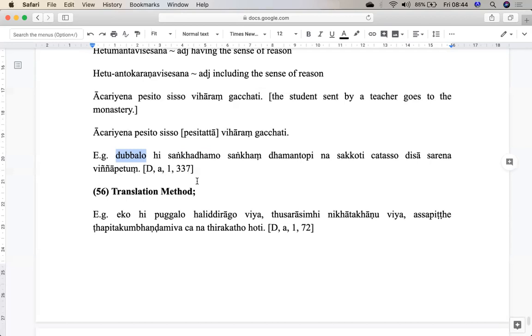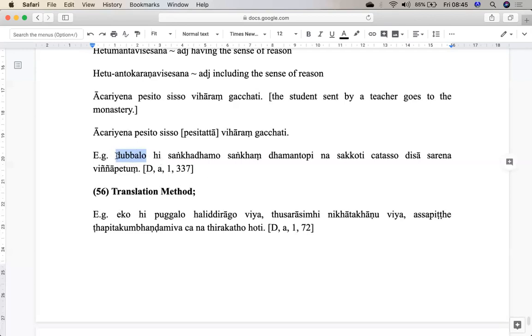So Sinkan Damando B, although he blows that conch, C-O-N-C-H, conch shell, he is not Sakodi, so he is not able. When you are bedo, to make known in the four directions with the sound, that means he cannot blow it to be heard from all directions, because he is weak.